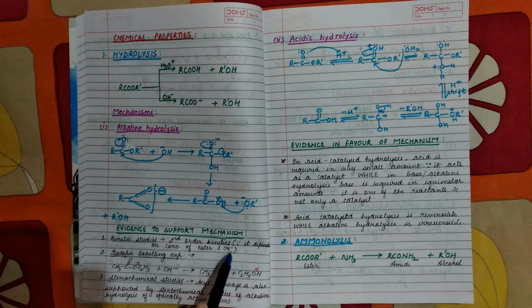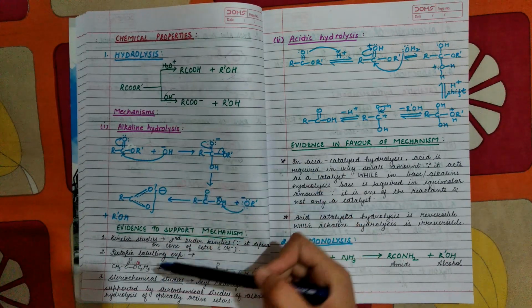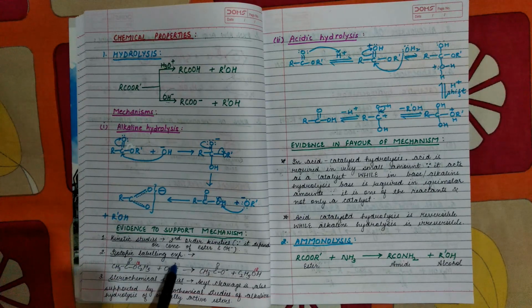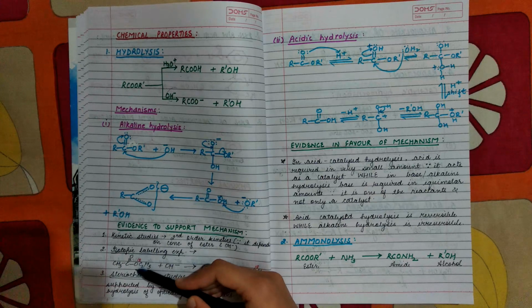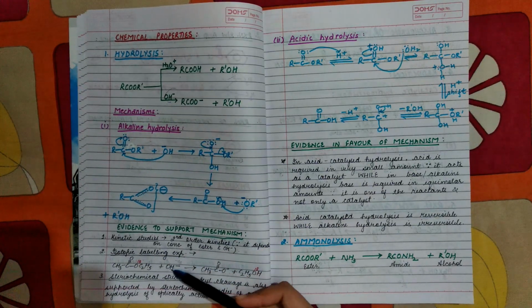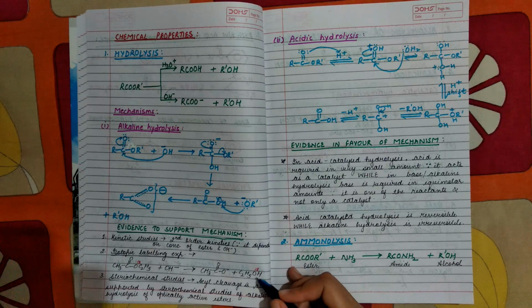The evidence to support the mechanism is kinetic studies. Second order kinetics, because it depends on concentration of ester and OH, two reactants, so second order kinetics. Second, isotopic labeling experiment. This oxygen is named as oxygen 18 isotope. This reacts with OH negative, it forms CH3COO negative, and this oxygen comes with the alcohol.